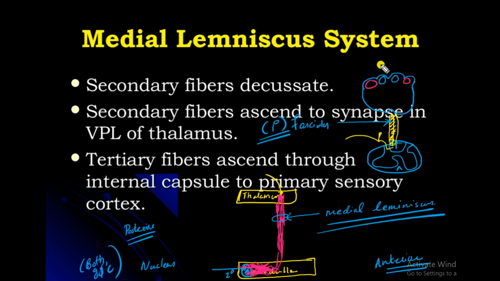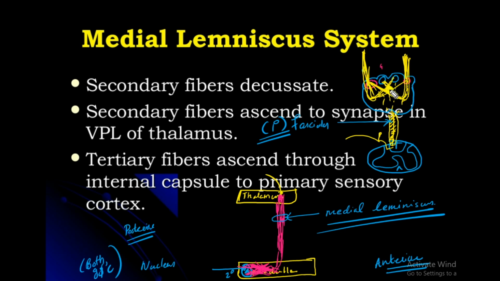We have the gracilis and the cuneatus. Gracilis fasciculus carries the information from the lower part, and the cuneatus from the upper part, and when they reach the nucleus they are going to decussate.